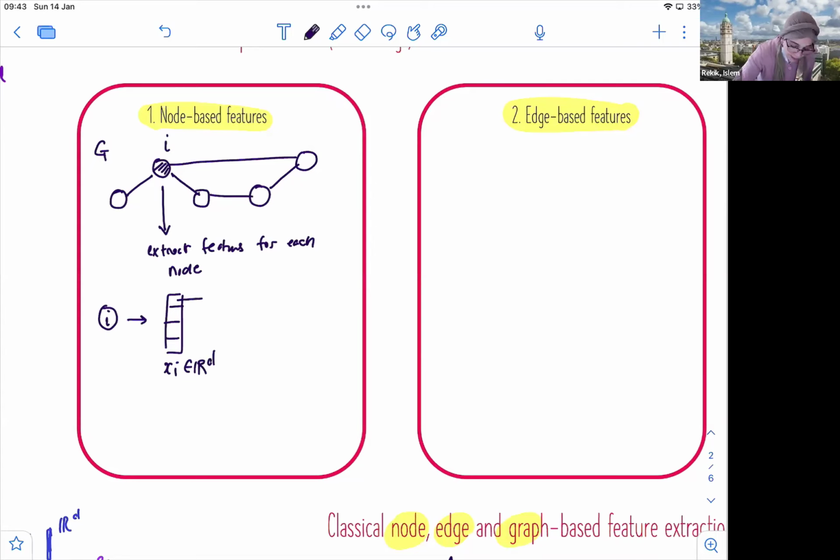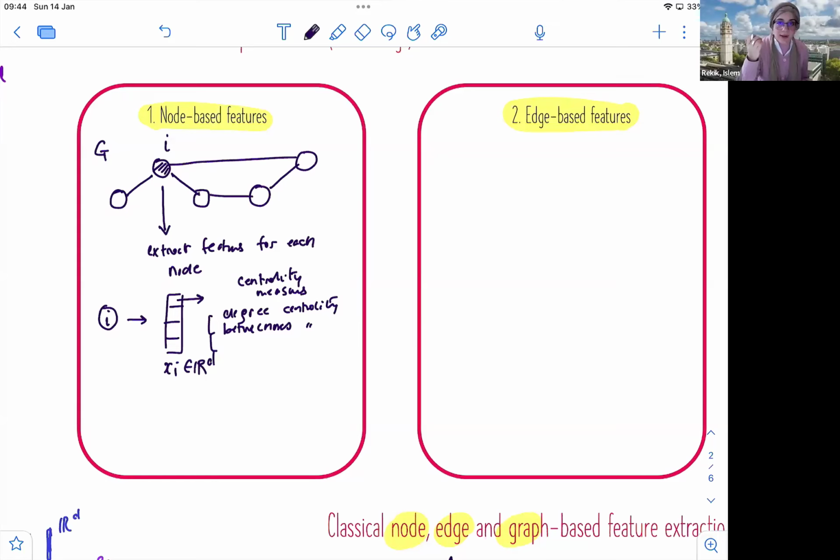For example, I can use what we call centrality measures or topological measures. We have seen degree centrality before, and you can use betweenness centrality. These are measures that allow us to quantify the importance of a node in a graph. Is it a hub node? Is it a peripheral node?